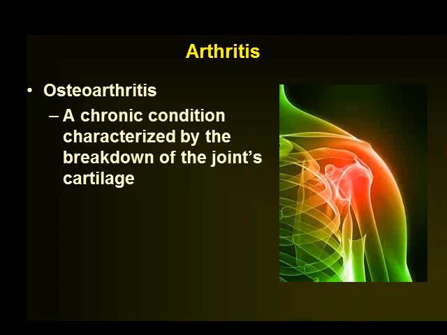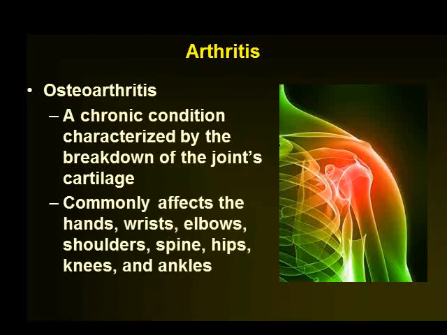Think of it as your shock absorbers having broken down in your car, so the ride gets very bumpy and uncomfortable. Or if you take the nice smooth lining out of something and you're left with a rough interior, it just doesn't glide nicely.